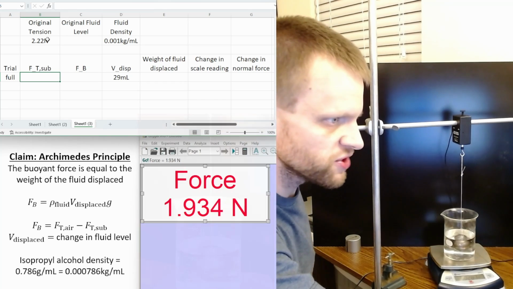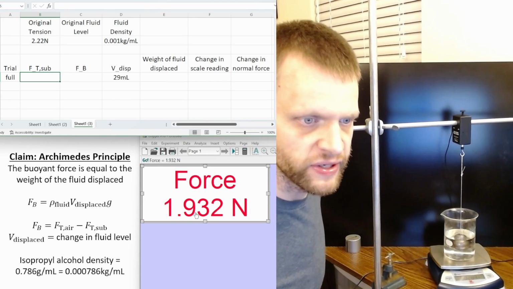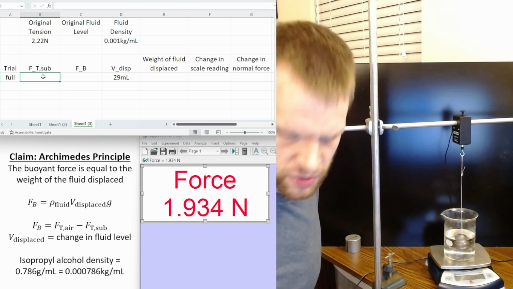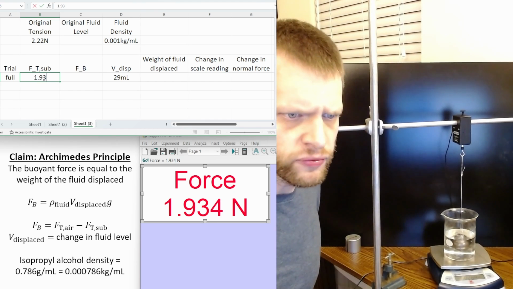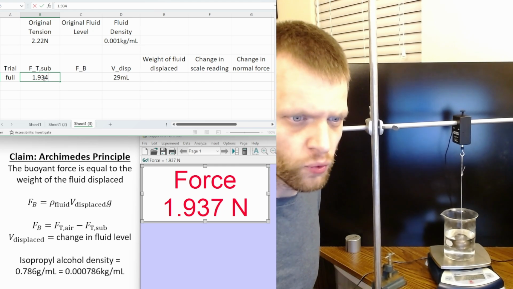And let's see some of these values. Our tension reading is around 1.93, it's jumping around a bit. Let's call it 1.934.